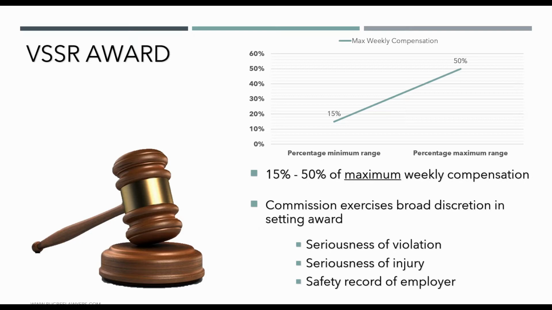So let's say the Commission finds a violation and awards a 30% award, then every week of compensation that was paid in the claim and to be paid in the claim would be multiplied by 30% times $950, even though the claimant may have only received $550 based on their AWW. So that is the penal nature of the award.